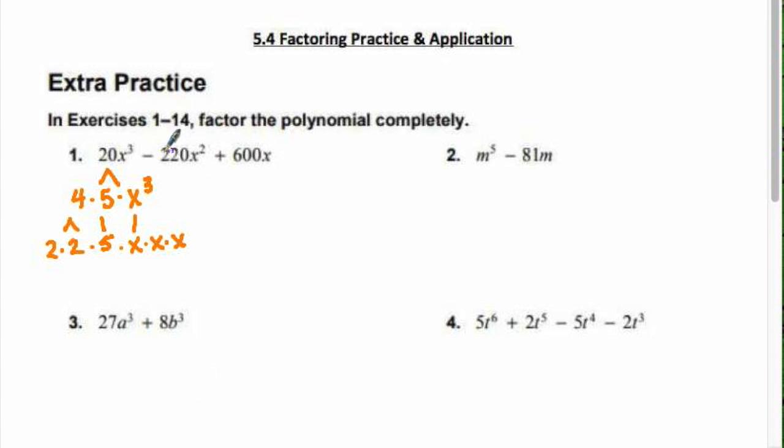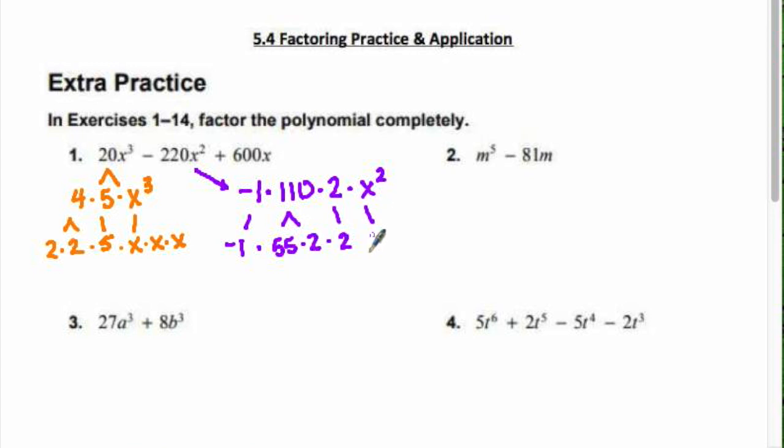All right. Then I take a look at the negative 220x squared. I'm going to pull that one down over here a little bit. Negative 220x squared would be negative 1 times 220. We could do maybe 110 times 2 times that x squared, which we will break down in just a minute. I'm going to bring my negative 1 straight down. 110 would be 55 times 2. Bring that 2 straight down, and bring your x squared straight down.